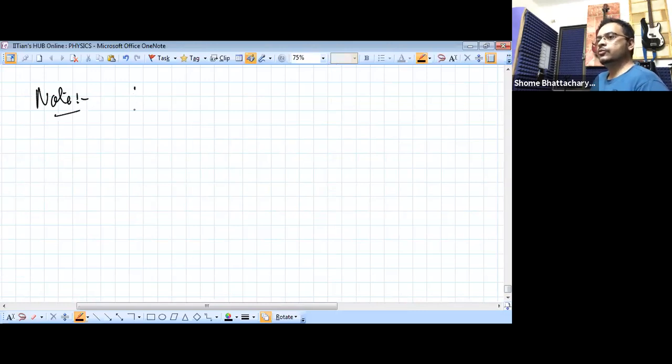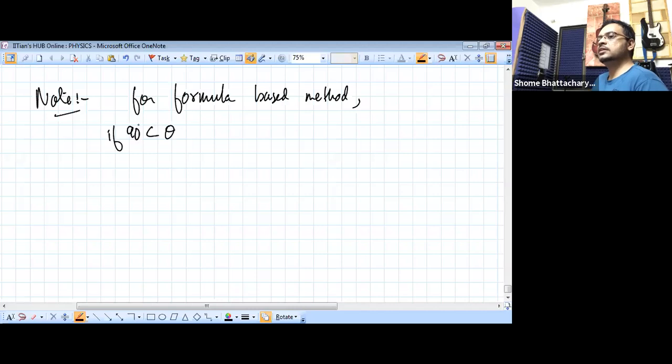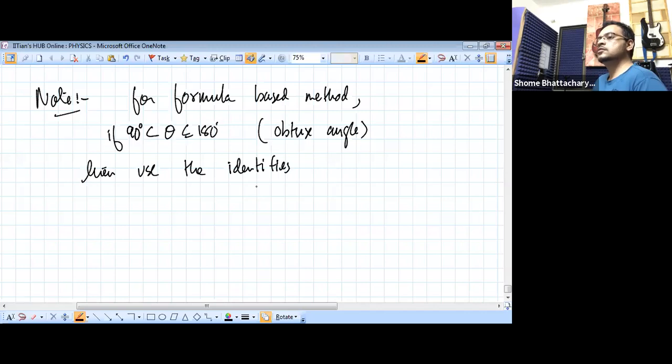For the formula-based method, if theta is greater than 90, obtuse angle, then use the identity that cos of theta is minus cos of 180 degrees minus theta, and sine of theta is positive of sine of 180 minus theta.